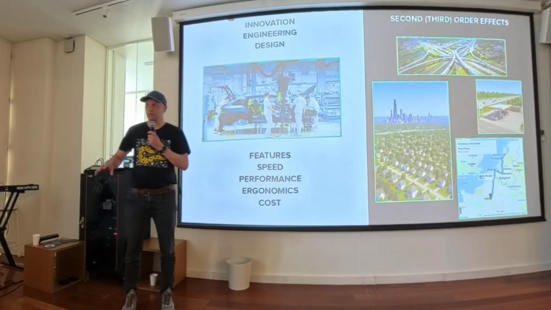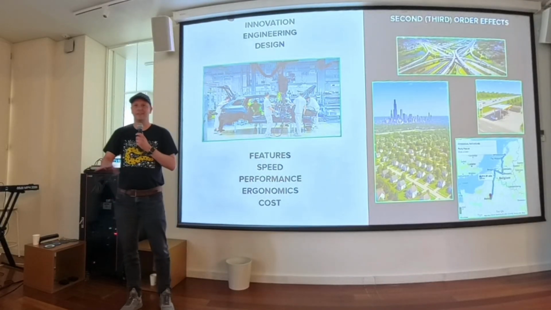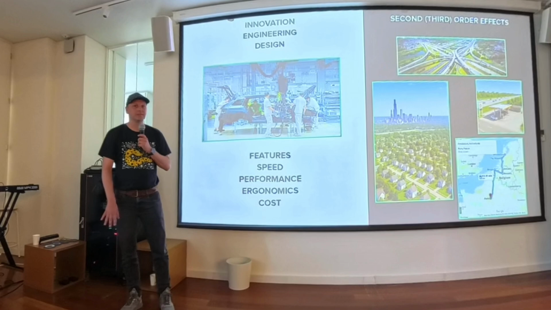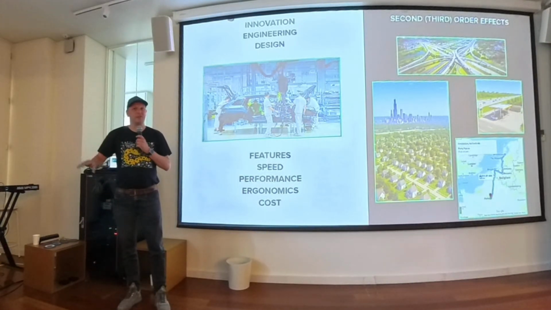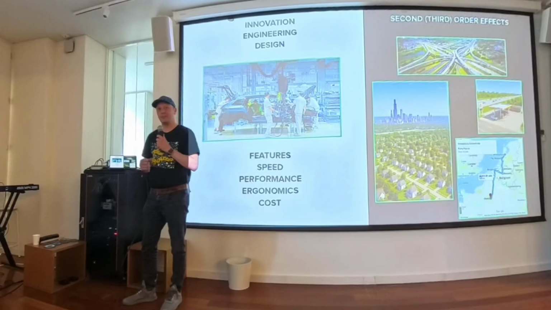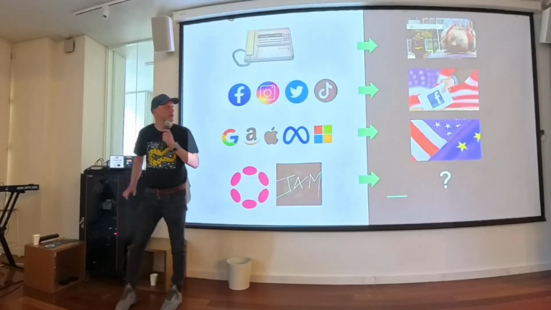You can even have your friends and family live 500 kilometers apart, and you can still have healthy relations with them. So these are second and third order effects, and I think it's good for this group to also think about these types of changes that this technology will bring.